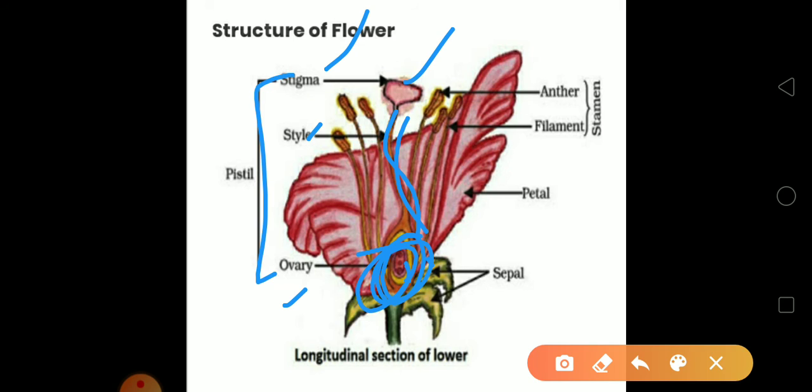And each ovule has an embryo sac that bears the egg, meaning the female gamete. So from the ovary the female gametes are released, and from the anther, the pollen grains, the male gametes are released, right? In plants, fusion of male gametes and female gametes takes place inside the embryo sac, which is located inside the ovule, right?